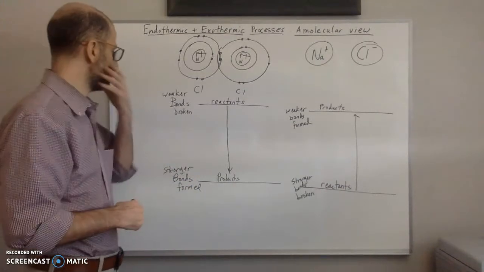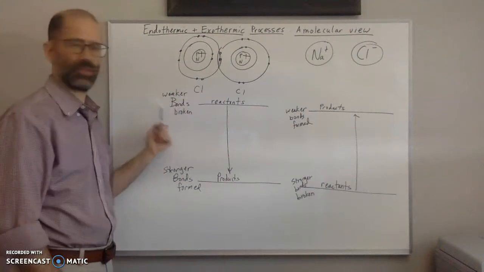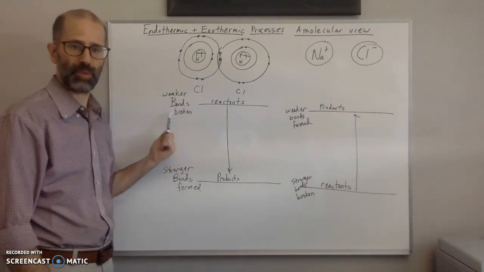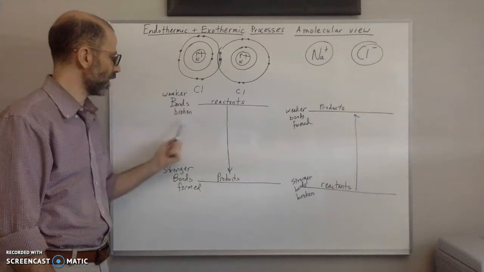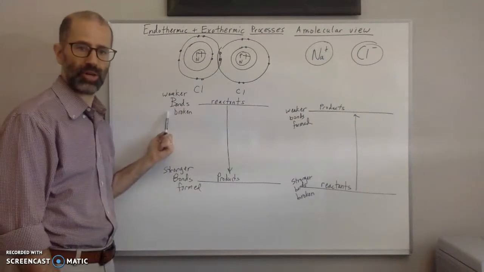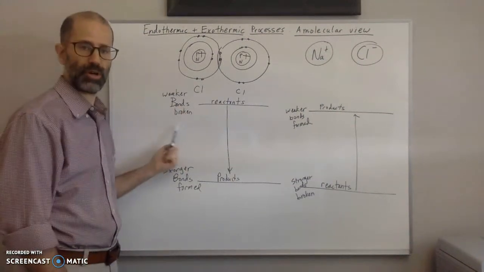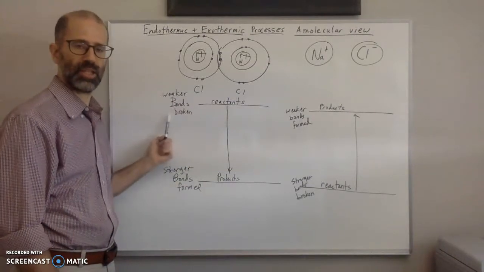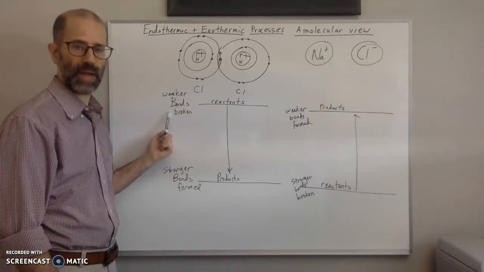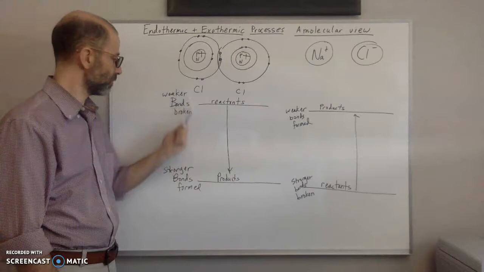And so here you can think of this in terms of bonds being broken and bonds being formed. So if you have weaker bonds, right? Weaker bonds refer to a lower potential energy. So lower potential energy allows for the bonds to be broken more easily, right?